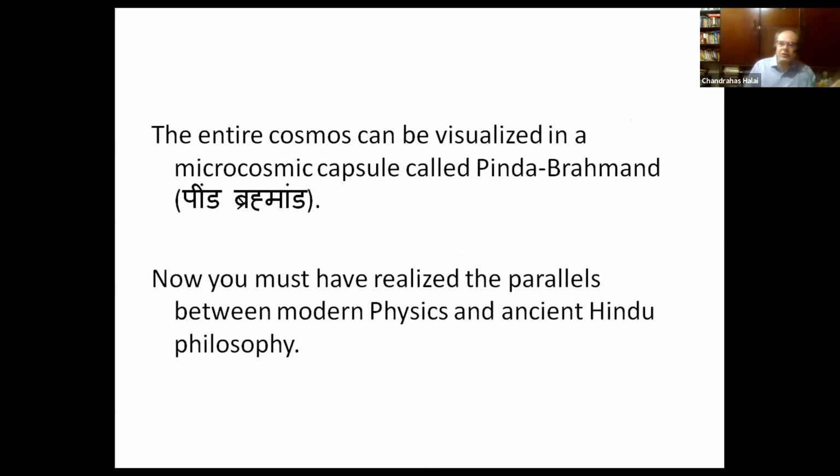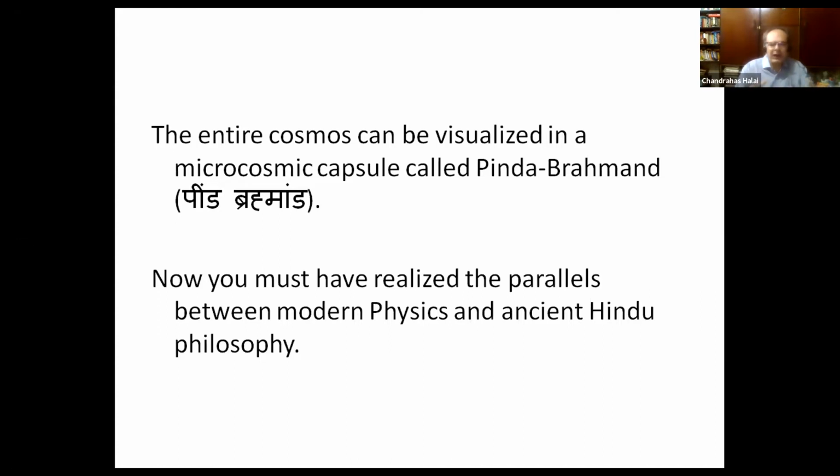Now the entire cosmos can be visualized in a cosmic egg or a microscopic capsule known as the Pind Brahmand. Now you must have realized the parallels between modern physics and ancient Indian or ancient Hindu philosophy. Now you must have realized why especially I've taken the example of holographic projection.